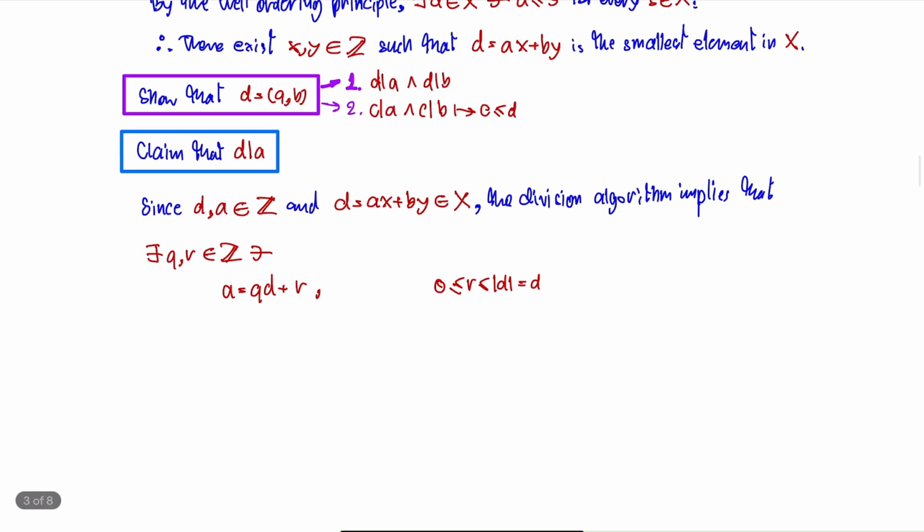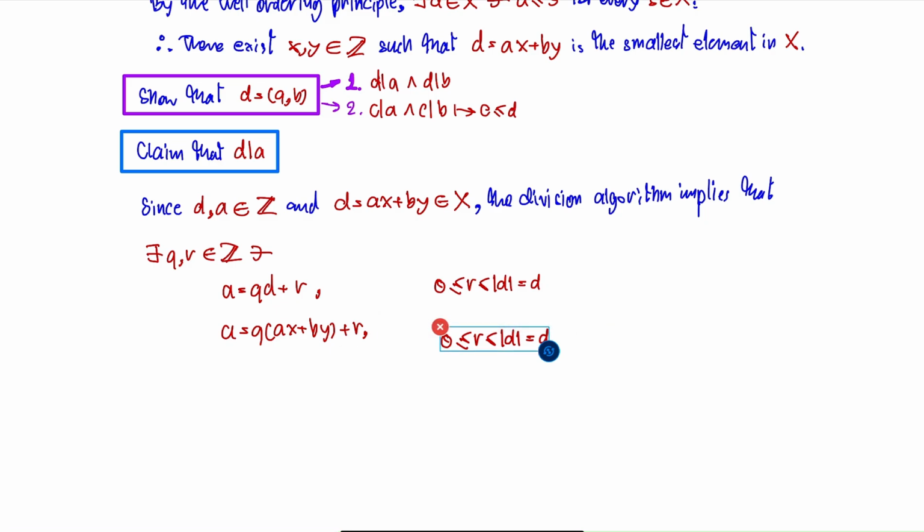And then we plug in this d into this term right here. So we have a equal to q times our d, which is ax plus by, plus r.